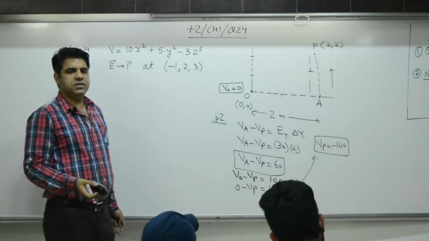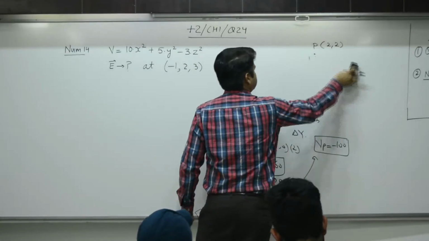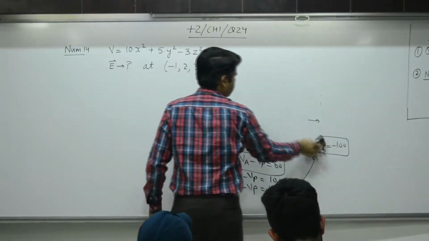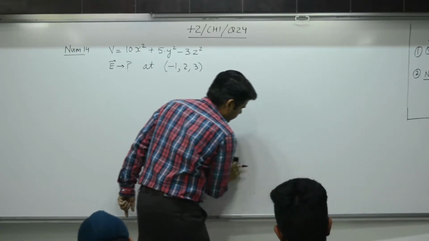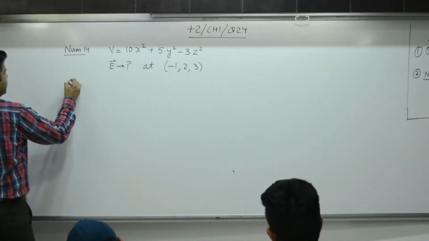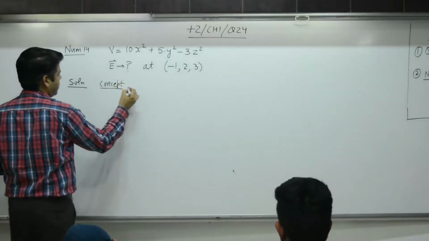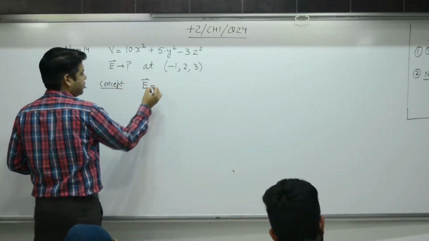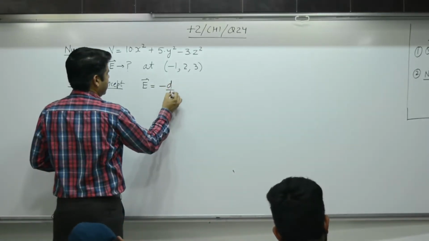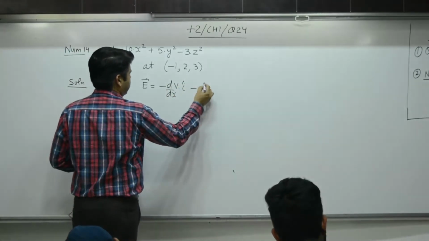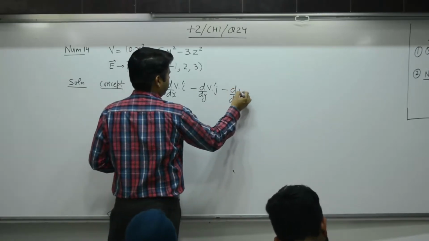I wrote the relationship today. E is equal to what? Minus ddx of V i minus ddy of V j minus ddz of V k. So for solution the concept is, E is equal to, I should write curly x, but for your convenience I am writing ddx of V i minus ddy of V j minus ddz of V k.